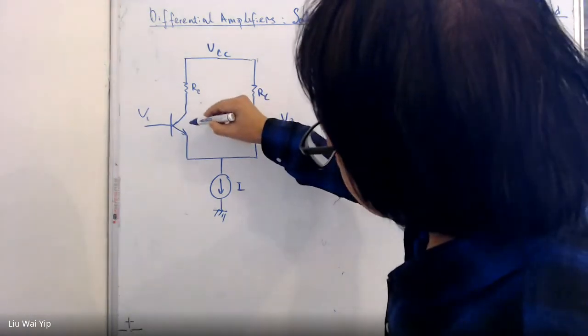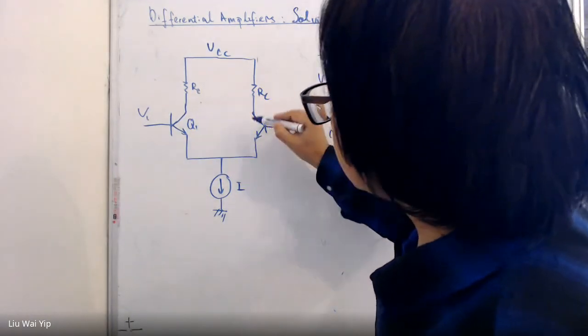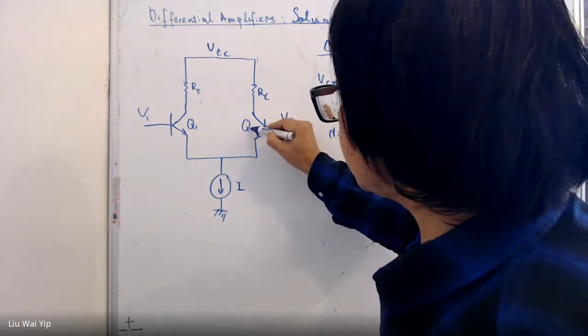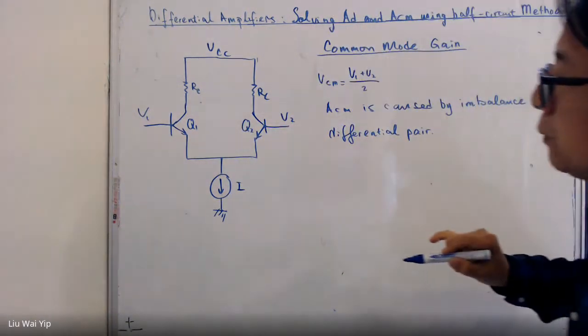For instance, the emitter area of Q1 is not exactly the same as that of Q2.